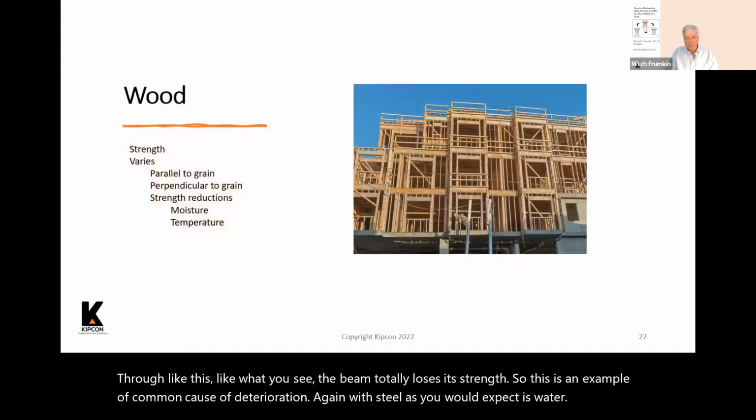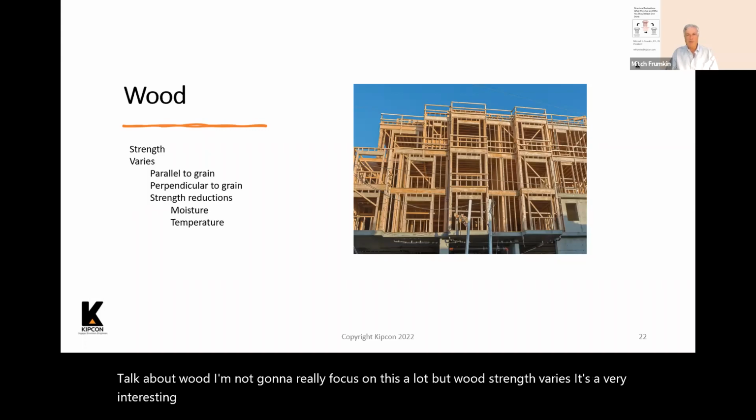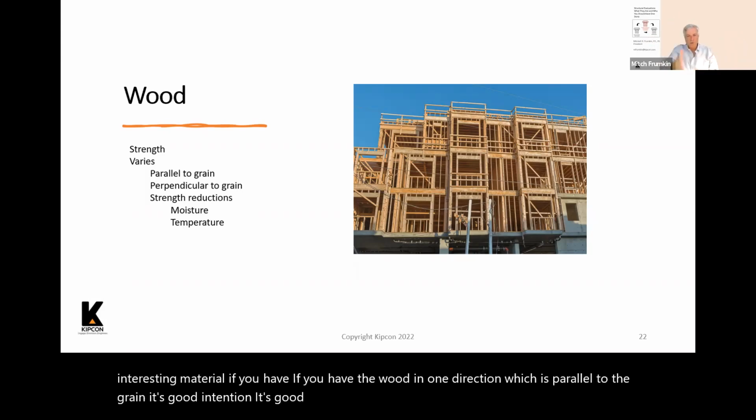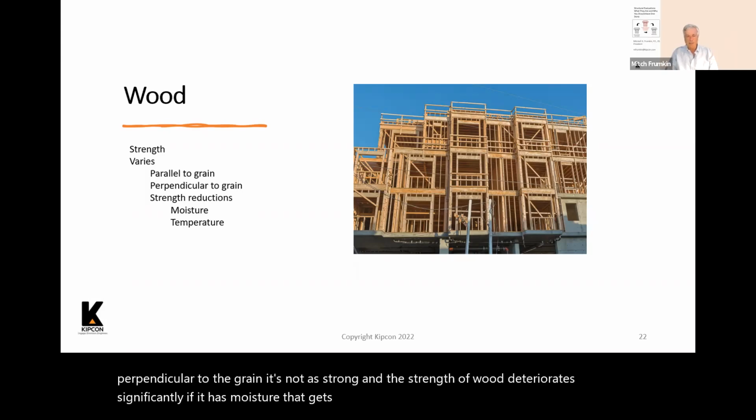Talk about wood. I'm not going to really focus on this a lot, but wood strength varies. It's a very interesting material. If you have the wood in one direction, which is parallel to the grain, it's good in tension, it's good in compression. But as soon as you start pushing perpendicular to the grain, it's not as strong. And the strength of wood deteriorates significantly if it has moisture that gets into it or it has high temperatures.